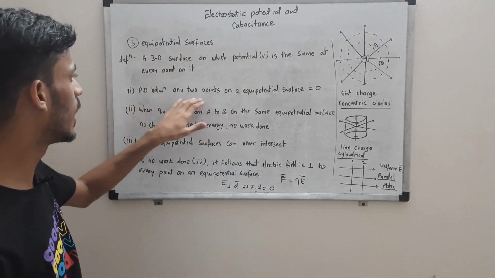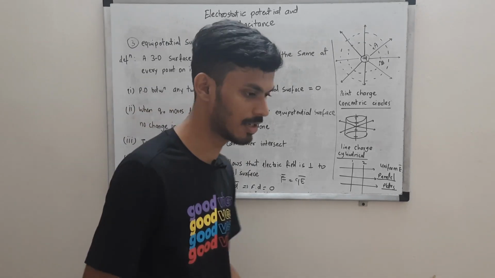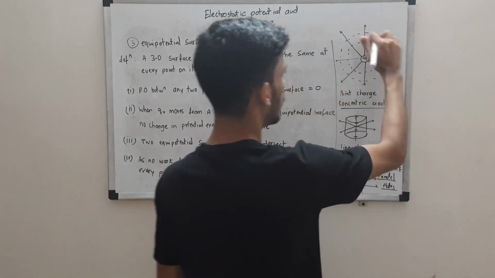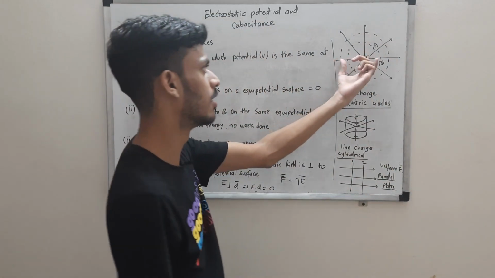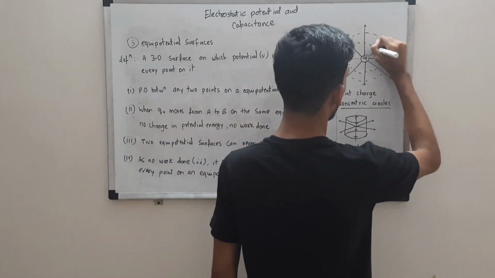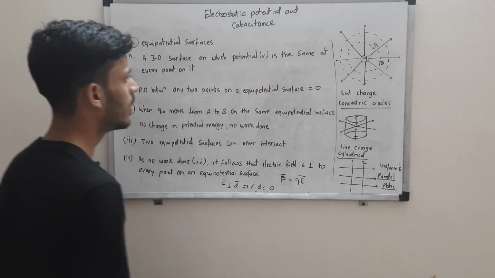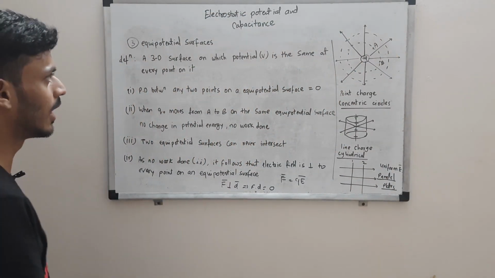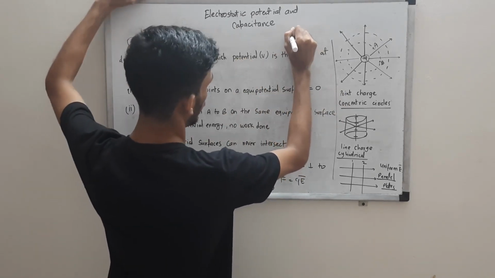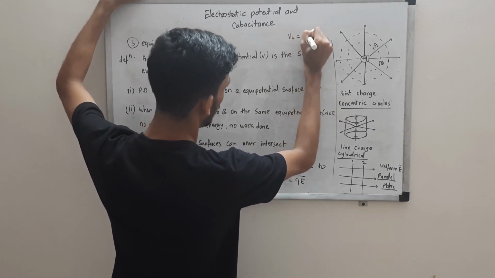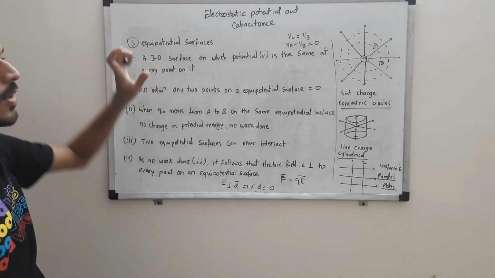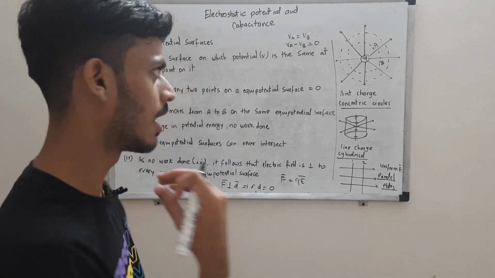The potential difference between any 2 points on an equipotential surface is 0. This follows from the definition itself. If you choose points A and B on this equipotential surface, say the equipotential surface for a point charge, then the potential difference between them will be 0, because for an equipotential surface, potential is the same at every point. So the potential at A is equal to the potential at B, so VA minus VB should obviously be 0.